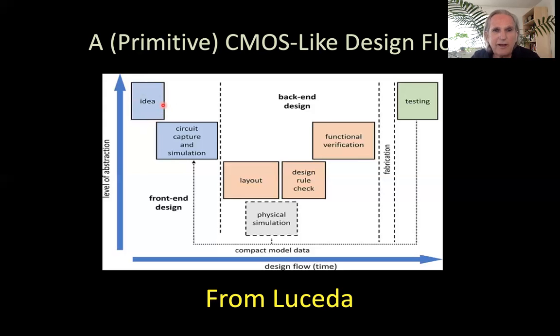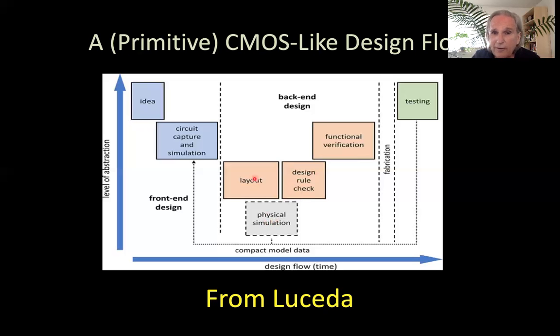Silicon photonics hasn't come that far yet, but very rapidly you can go to circuit capture and simulation. So you come up with an idea, you lay out some kind of circuit, you can start simulating it, you can start optimizing that circuit. You come down along the design flow, you can do layouts, you can then physically simulate the layout. You can do design rule checks then.